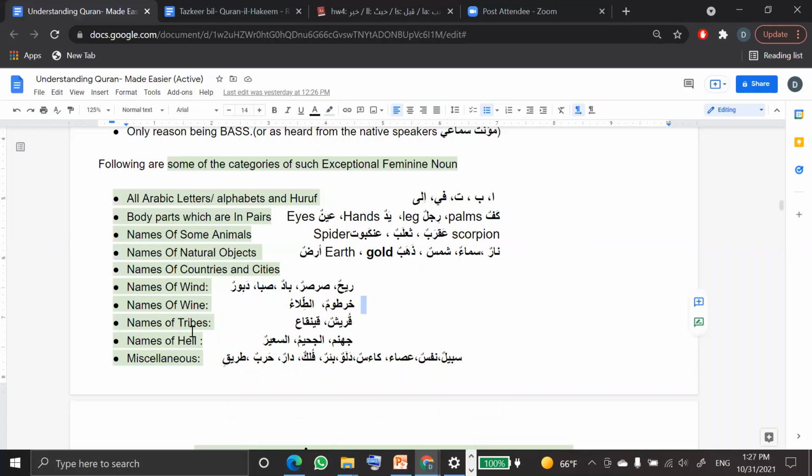And even all names of all tribes are also considered feminine. Okay? The word rihun you saw on that page, but there are other words in Arabic which are also considered feminine: sarsarun, ba'dun, saba. These are these words. Okay.